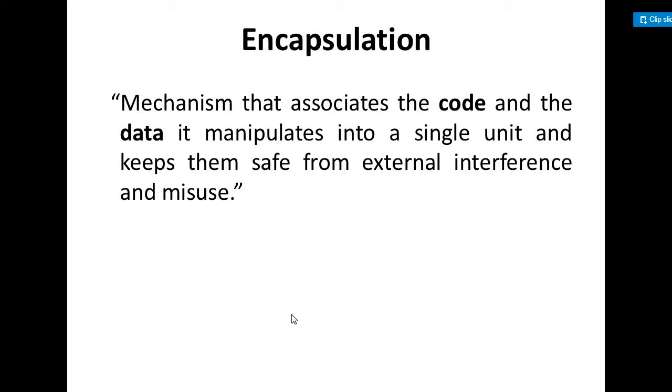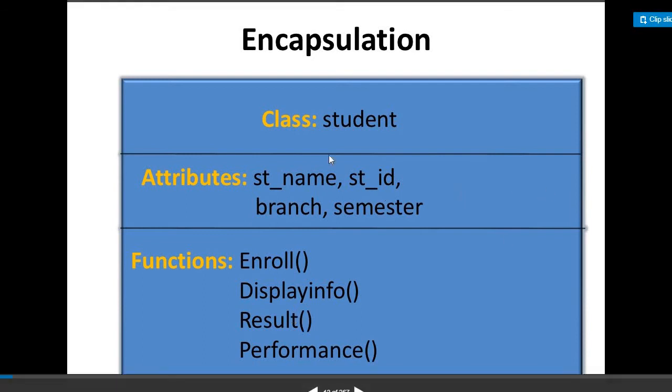It combines both data and functions, attributes and behavior, into a single unit, which is also known as a class in object-oriented programming. So here you see class student, with attributes student name, student ID, branch, semester, and functions enroll, display info, results, performance. This is the encapsulation, the actual combination, and finally we have a class student.